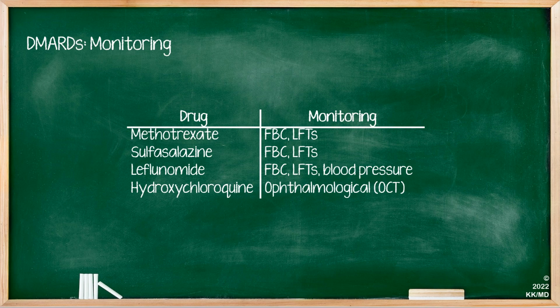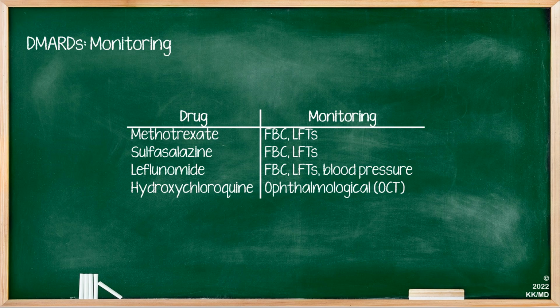The most common DMARDs in use for rheumatoid arthritis are methotrexate and leflunomide, which have a similar mechanism of action, sulfasalazine, and hydroxychloroquine, which is the least immunosuppressive of these four. Monitoring for the top three in this table include full blood count and liver function tests, as well as blood pressure for leflunomide as well.